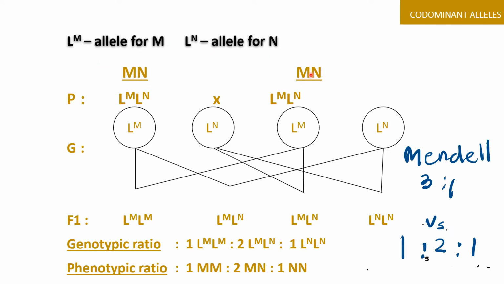The phenotypic ratio is 1 M group, 2 MN group, and 1 N group, so the ratio is 1:2:1. Mendel gave 3:1, so this deviates from Mendel. It is called non-Mendelian.